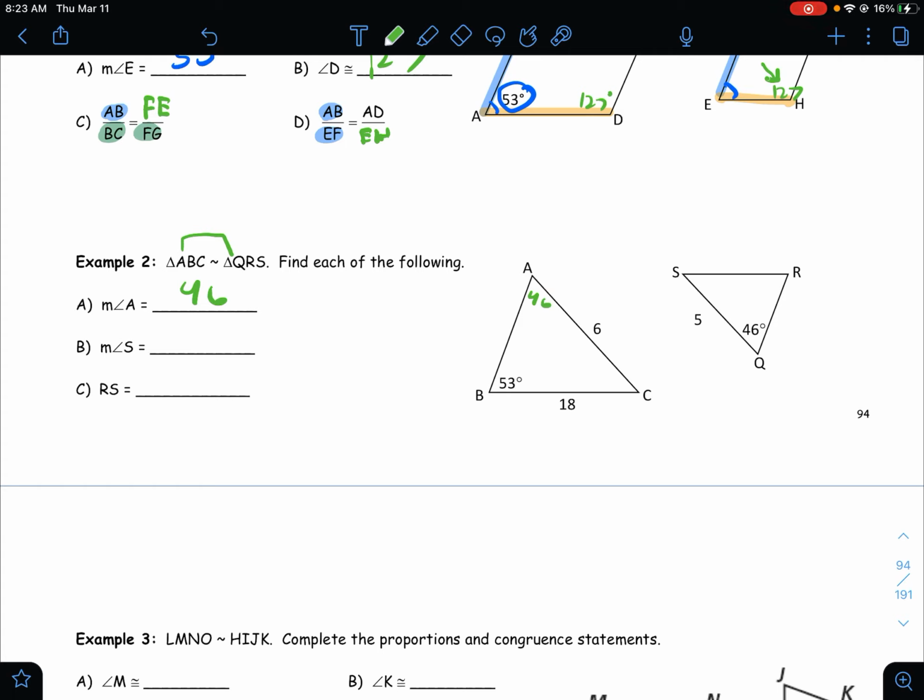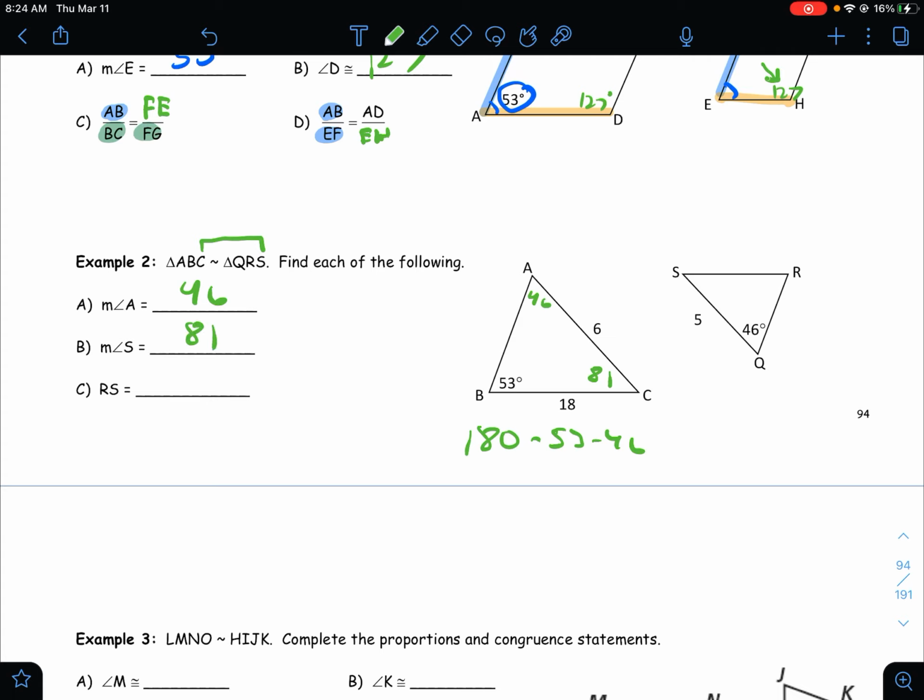And now they want to know angle S. Now, angle S goes with angle C. But we could figure out what angle C is. Do 180 minus 53 minus 46. Which is going to give us 81. And since C and S correspond, S has to be 81.